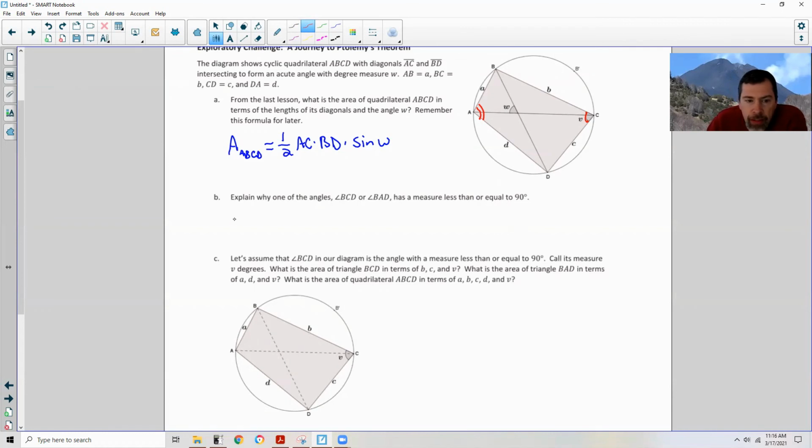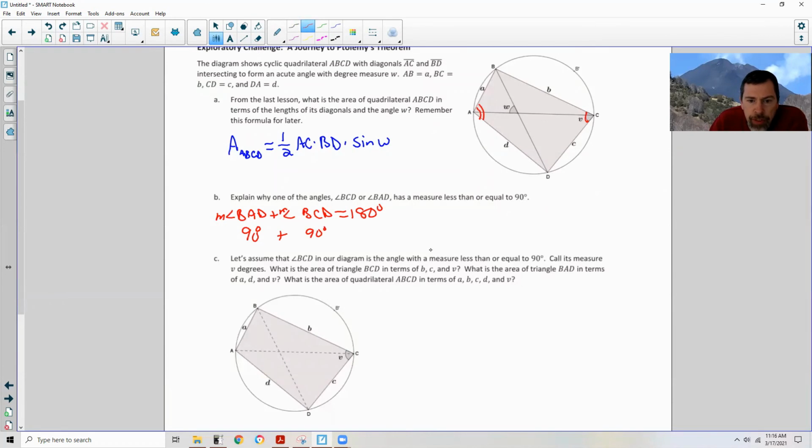So what I would say is the measure of angle BAD plus the measure of angle BCD equals 180 degrees. So if BAD is 90 degrees, then BCD has to be 90 degrees.